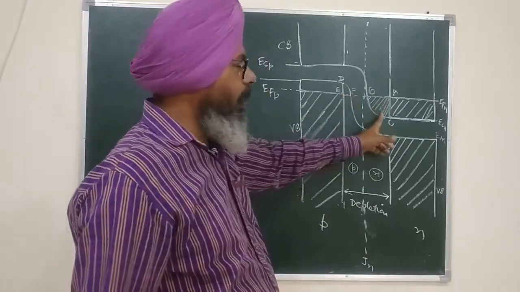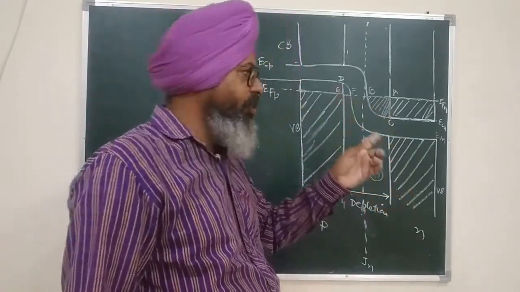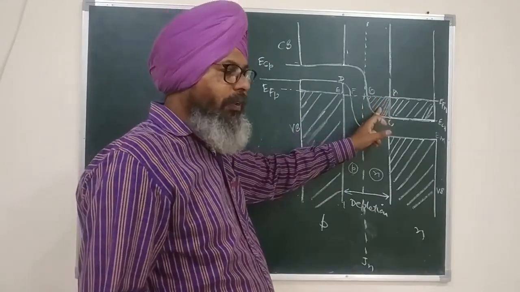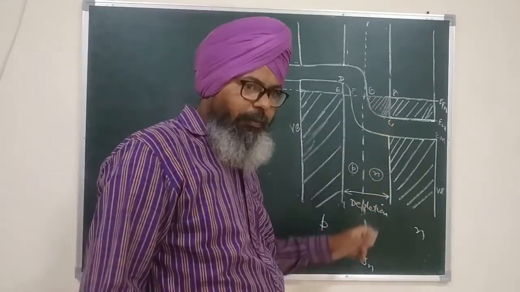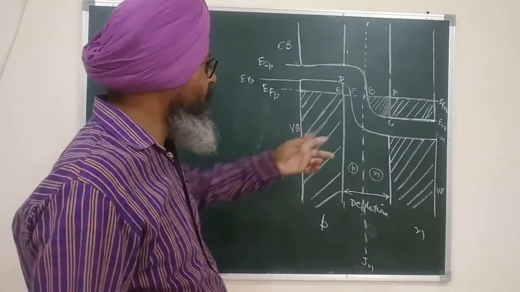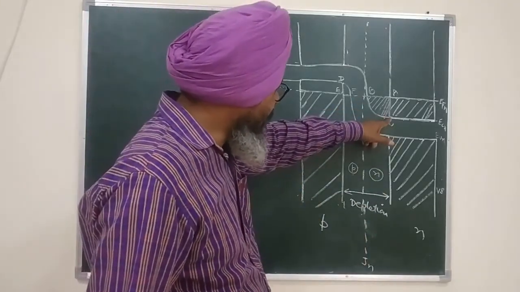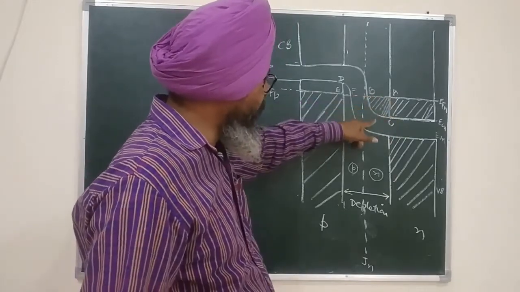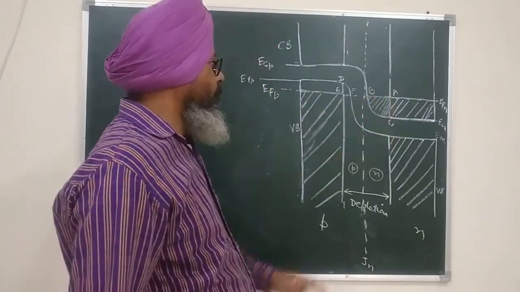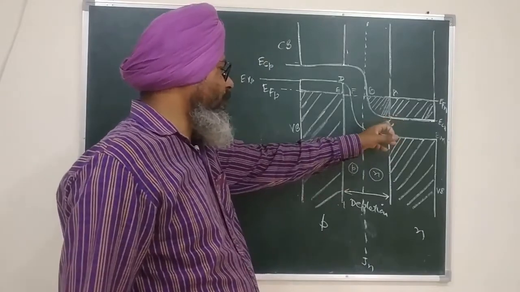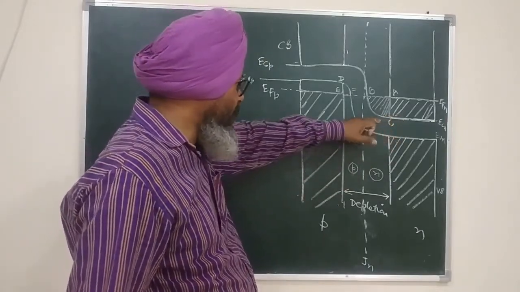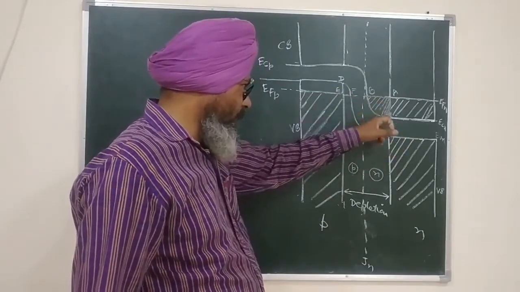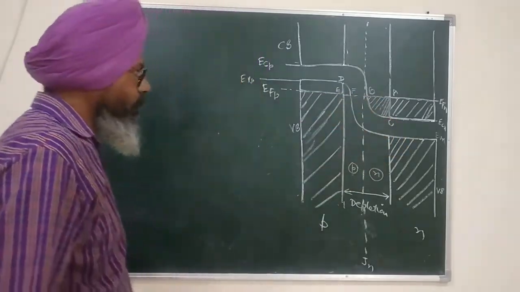Both of these regions are not rectangular in shape. Why? Because it is in the N region, but it is also within the depletion region. And in the depletion region, energy change has taken place, due to which otherwise it could have been just a straight line, and this region ABC would have been rectangular. But due to the diffusion of the electrons near the junction, this has become a curve. BC is a curve. So ABC is not a rectangular part.